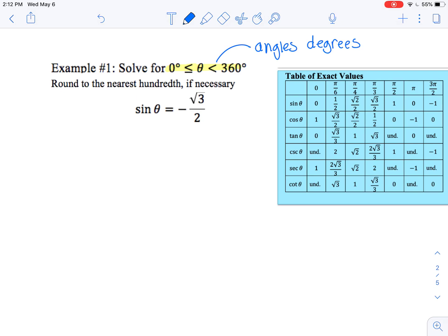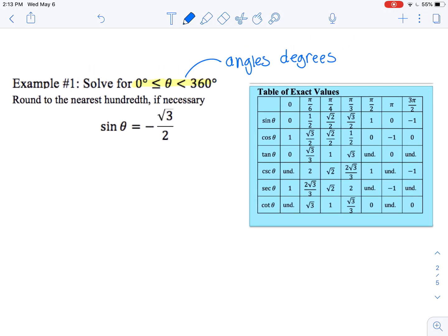So we're solving for an angle, and we want to know what angle gives us a sine ratio of negative 3 radical 3 over 2. And so when I look at this, my first step was to get the trig ratio by itself, which it is. So now I need to ask myself, is this value on my exact value table?